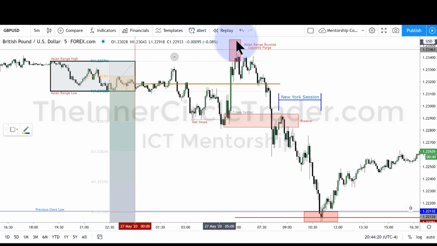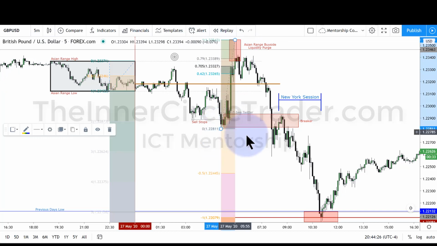If you use a fib and you use this to get a swing projection, this is classic ICT swing trading. So all I'm doing is taking the fib, pulling it down from the high down to the low. Okay, so I'm using wick high, tail of this candle low. That's our range.